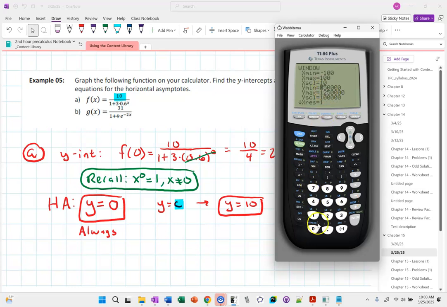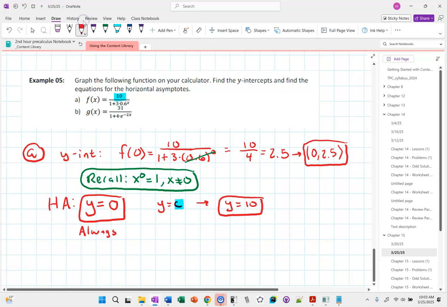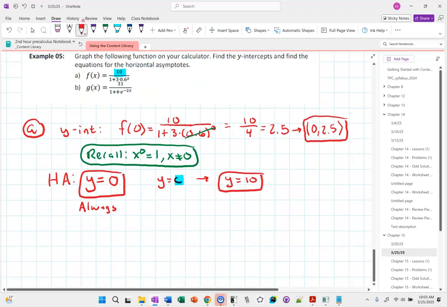My y-min should be 0, the horizontal asymptote, and my y-max should be 10, the other horizontal asymptote. Most of my action happened a lot closer in, so let's zoom in to get a better picture. That's better, right? Okay, try to do B. Find the y-intercept and the horizontal asymptotes for me for B.